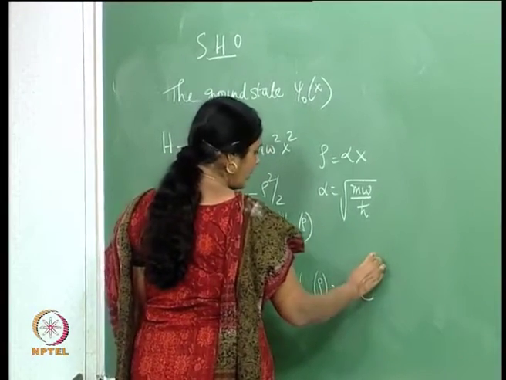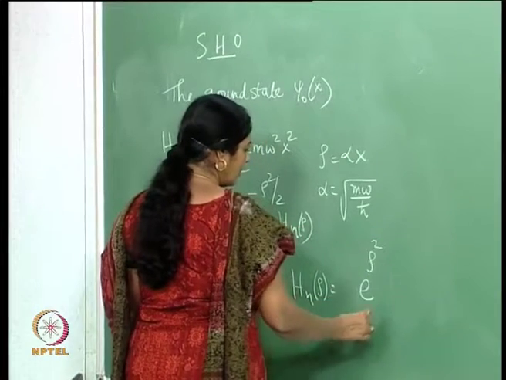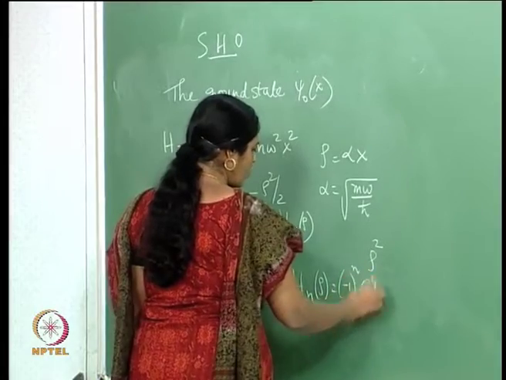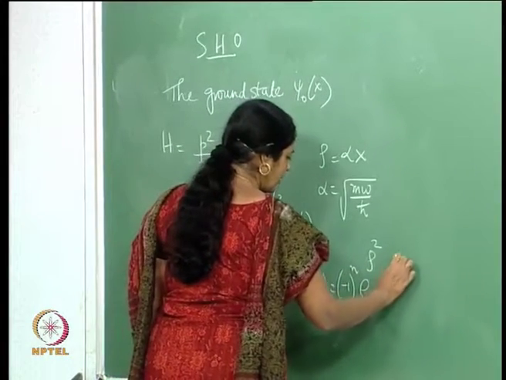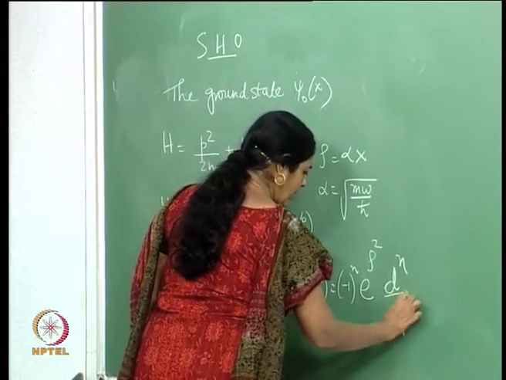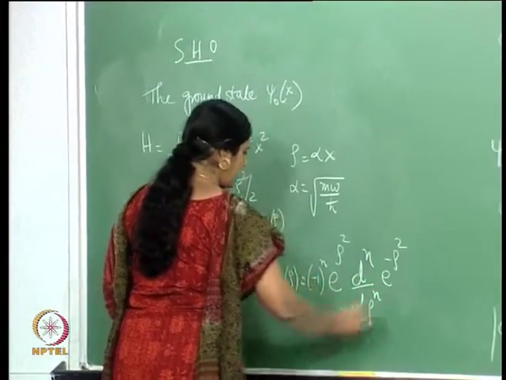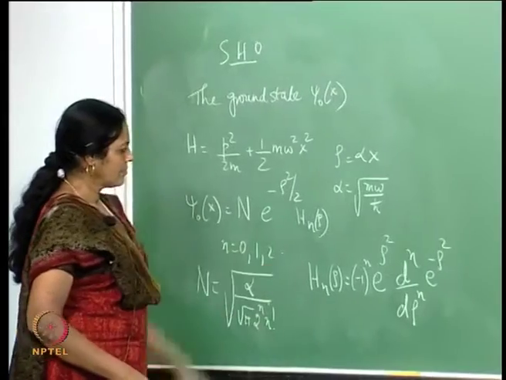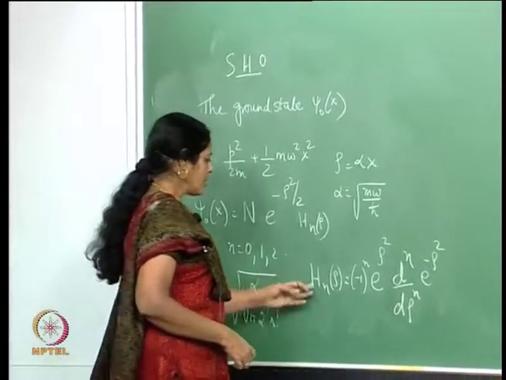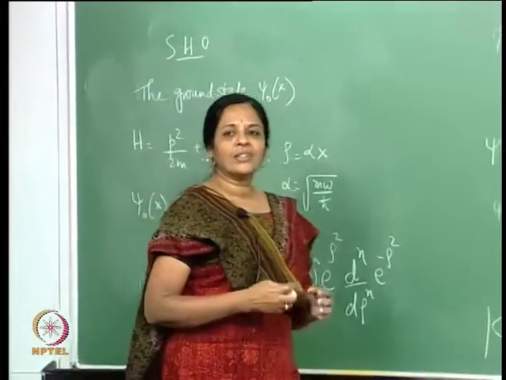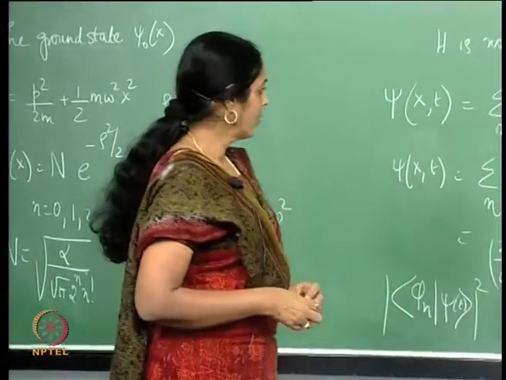It is e to the rho squared, minus 1 to the n, d n by d rho to the n, e to the minus rho squared. So, this is what you will substitute here to get the ground state of the oscillator.